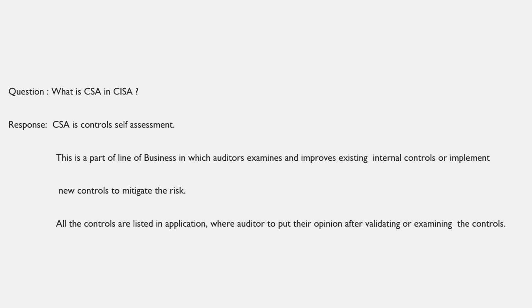Coming to the next slide, what is CSA in CISA? CSA is control self assessment. This is part of line of business in which auditors examine and improve existing internal controls or implement new controls to mitigate risk. All the controls are listed in applications where the auditor puts their opinion after validating and examining the particular controls.